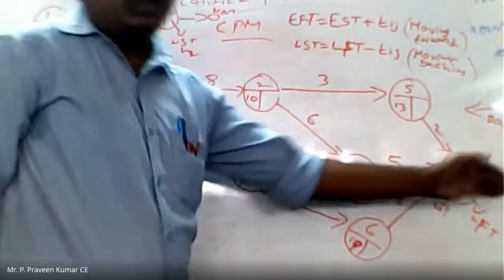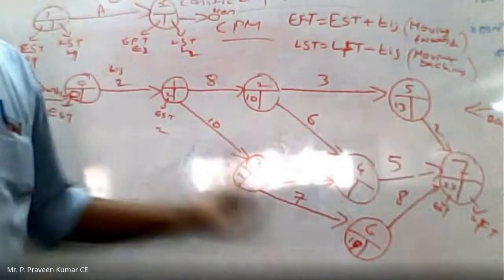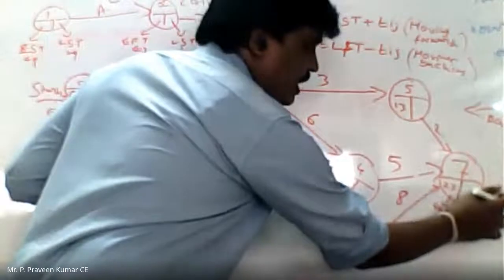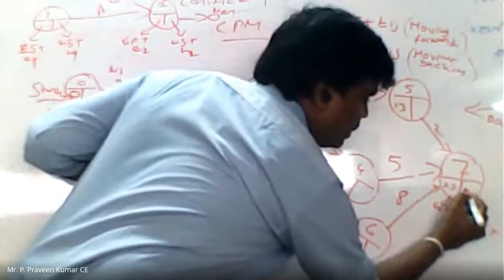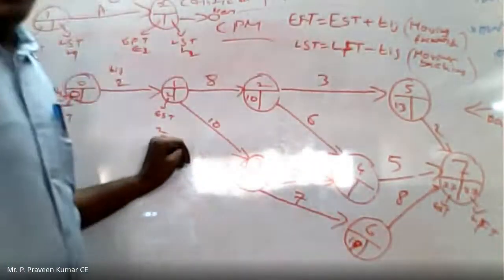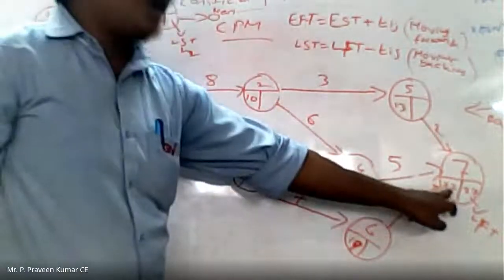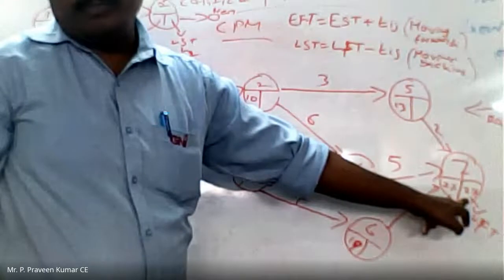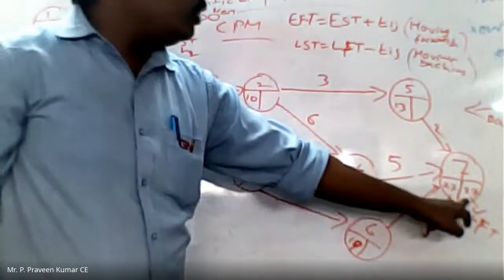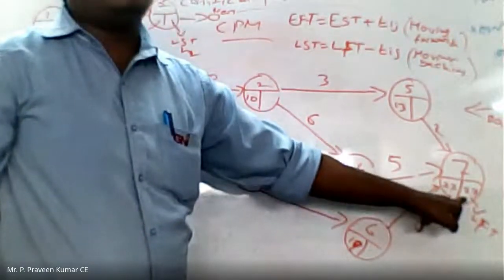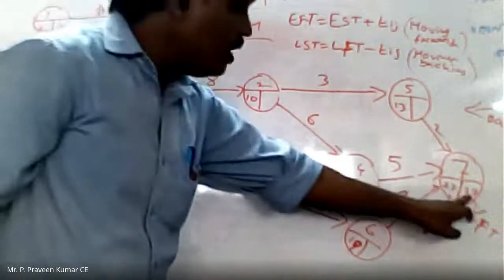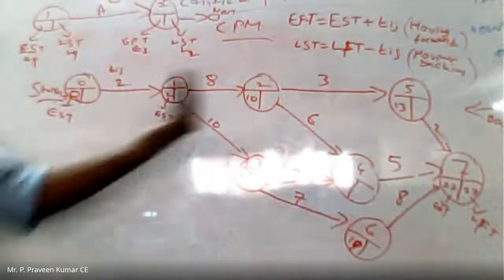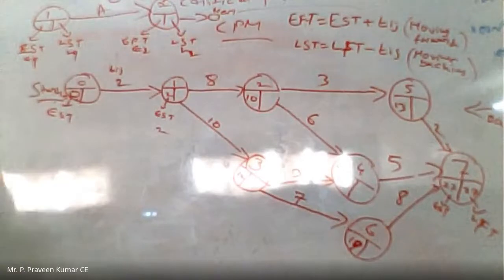To start the latest starting time, first the LFT of the ending point will be the same as the EST, that is 27. Whatever value you get at the ending point will be the LFT of this project. Now by knowing this 27, you need to calculate in the backward direction of the project.